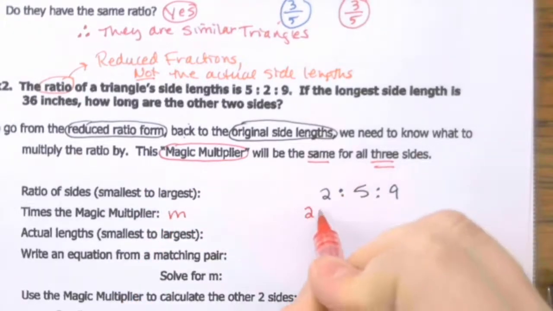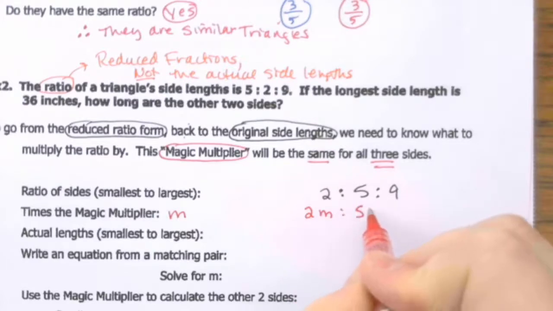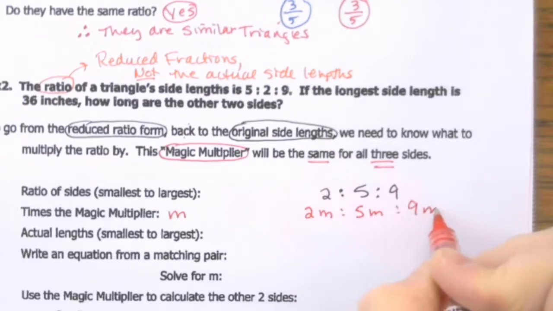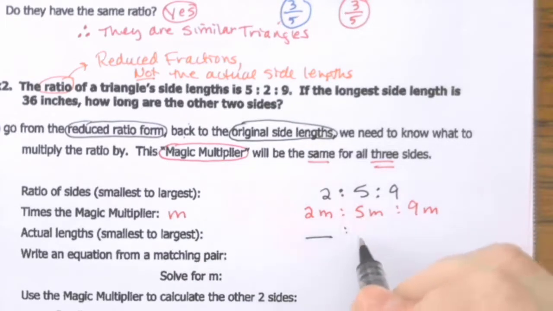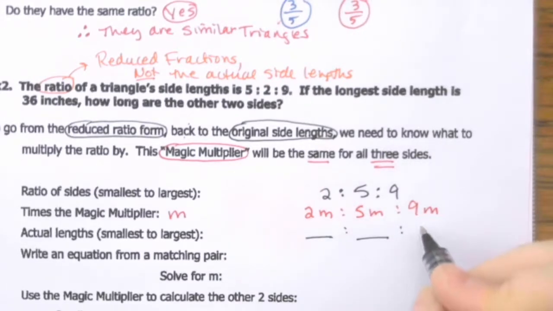So we need to know what 2 times m, 5 times m, and 9 times m are to get the sides. We don't know the actual side length of the smallest. We don't know the actual length of the medium. We do know that the actual length of the largest one is 36 inches because they told us that.